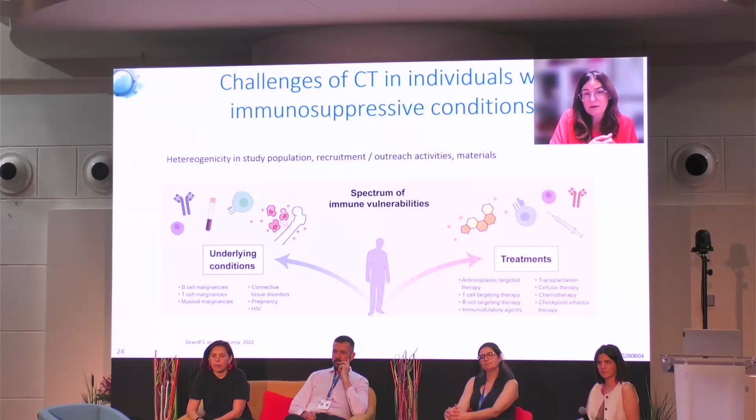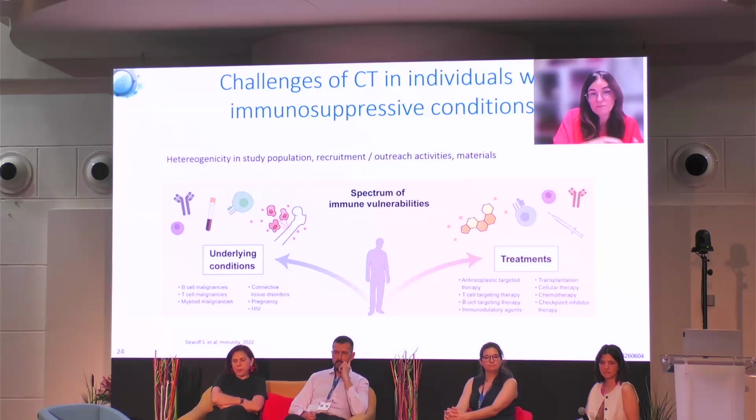You can be treated with immunosuppression because you have cancer or a transplantation, so you need to receive anti-rejection therapy, or you have an autoimmune disease that already doesn't allow you to produce antibodies, and then you're receiving antibodies passively, for instance. Or on the contrary, you have an autoimmune disease and you need to suppress your immune system through treatments that are going to totally deplete your B cells, and you're not going to be able to induce antibodies.